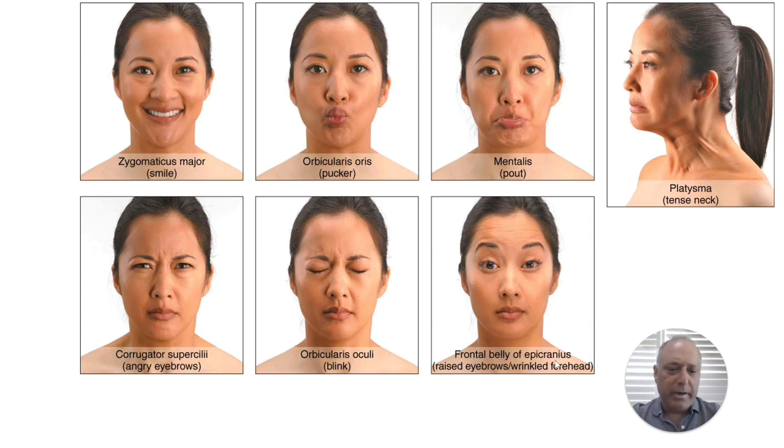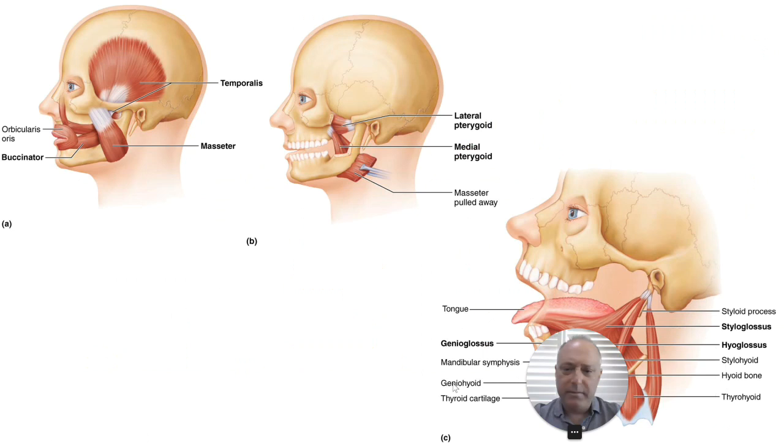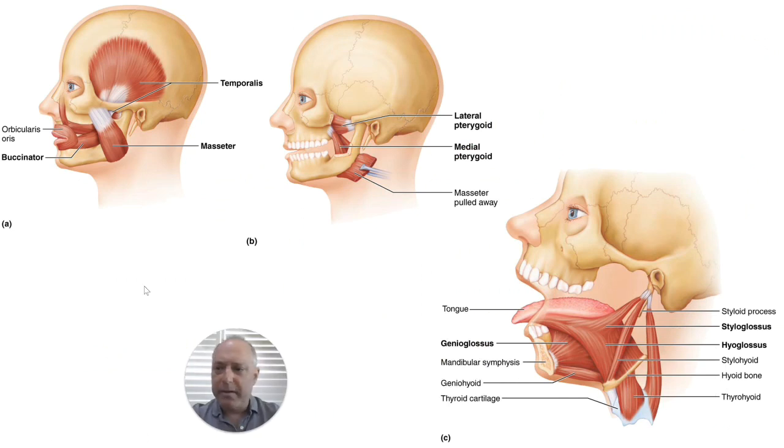And the frontal belly of the frontalis is what allows the eyebrows to raise. Okay. So here's just another look at the orbicularis oris, the buccinator, the masseter, and the temporalis.